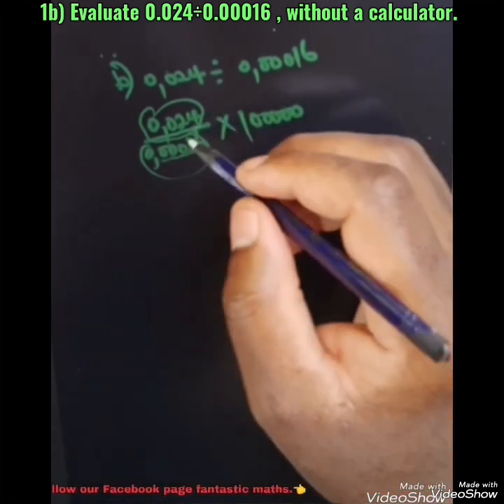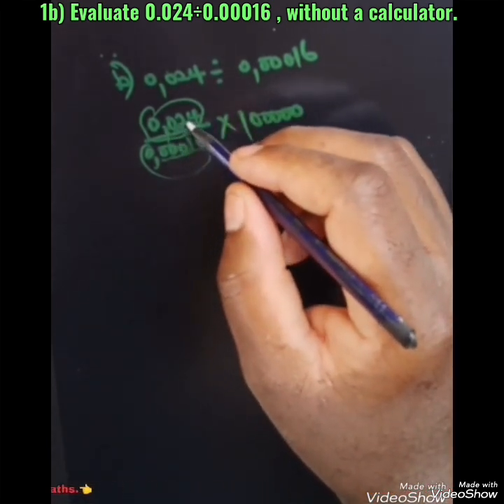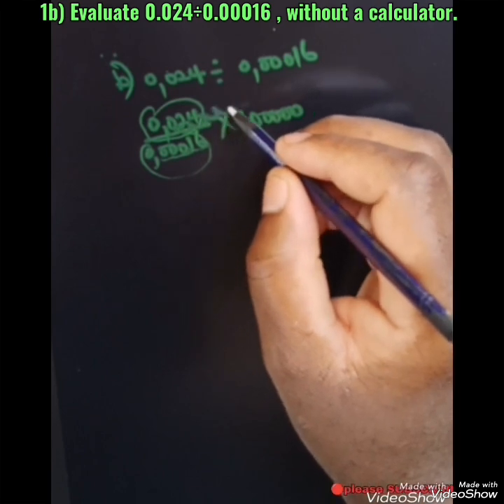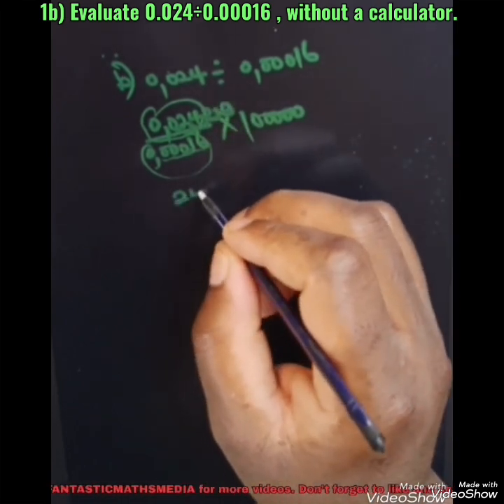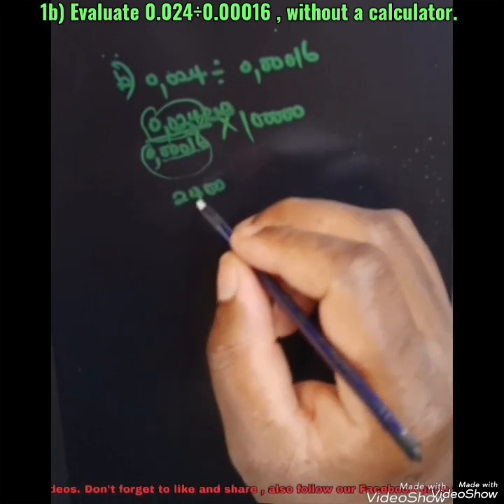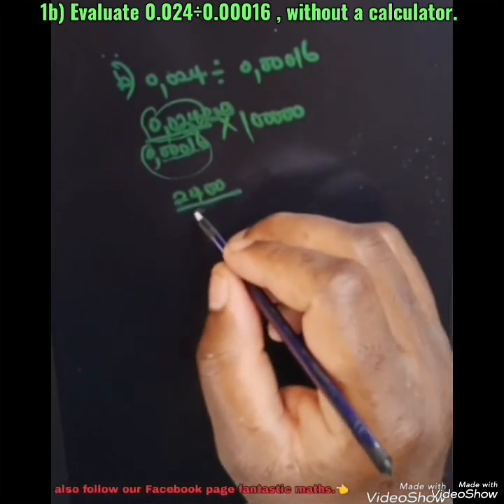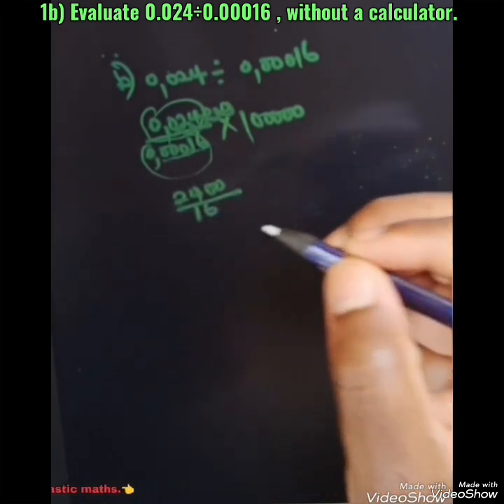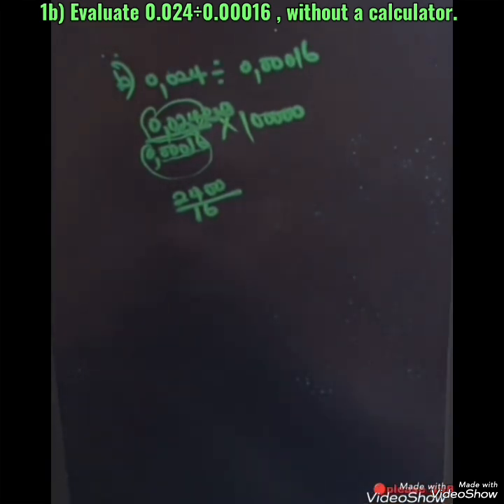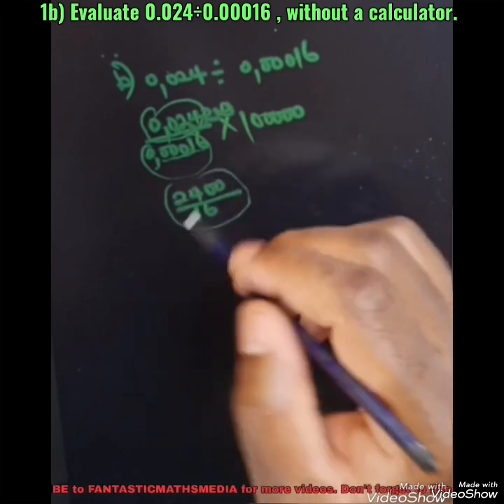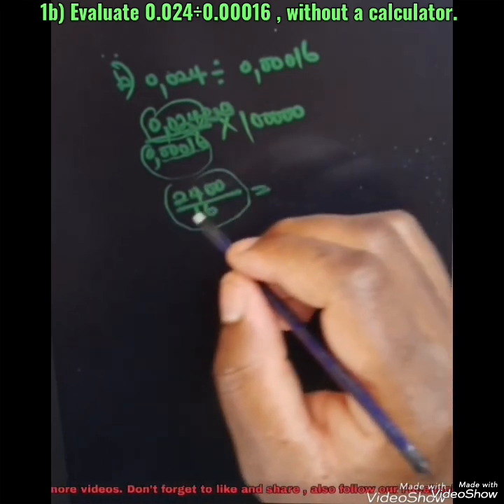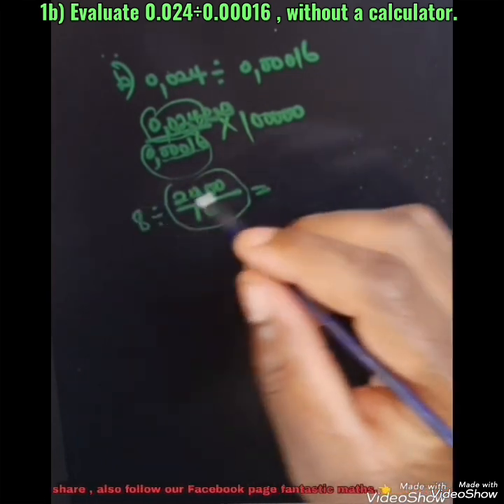If you multiply 0.024 by 100,000, we get 2,400 over 16. What we need to do here is reduce this to its simplest form so that we are able to divide it without a calculator.